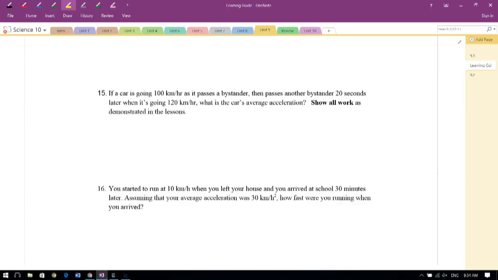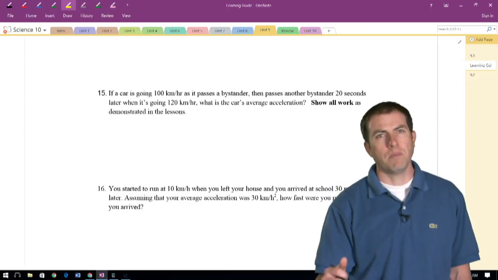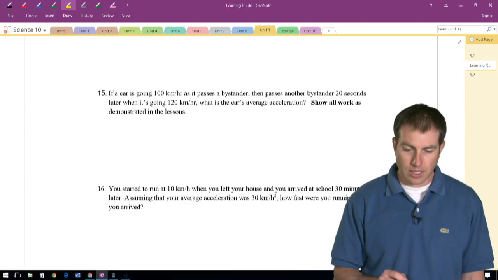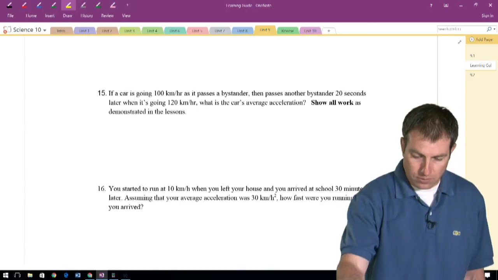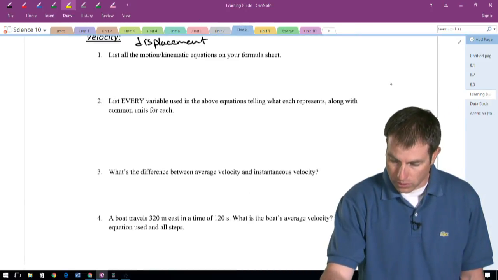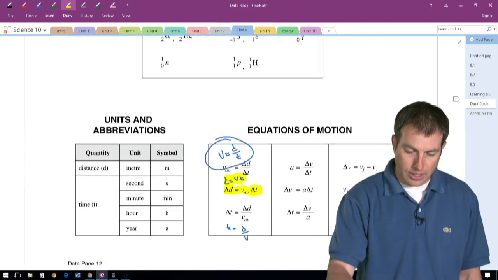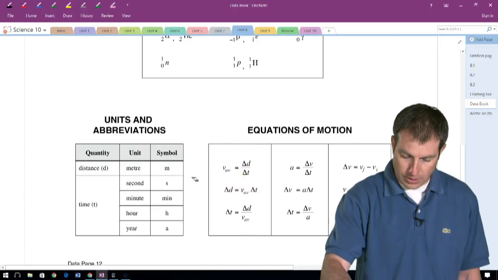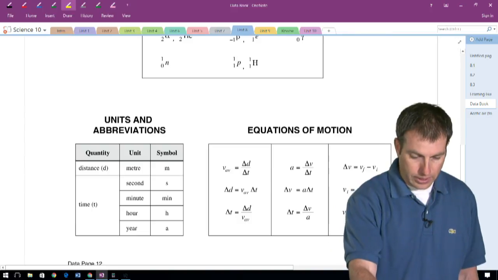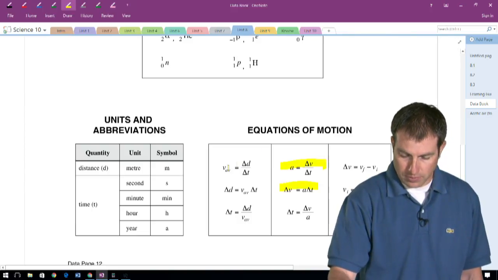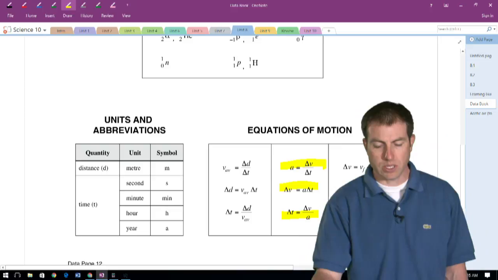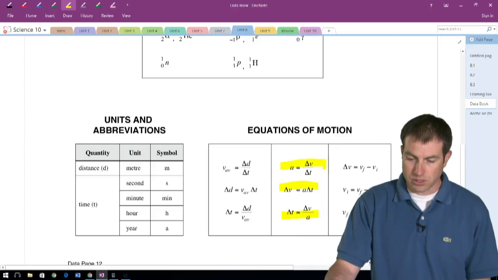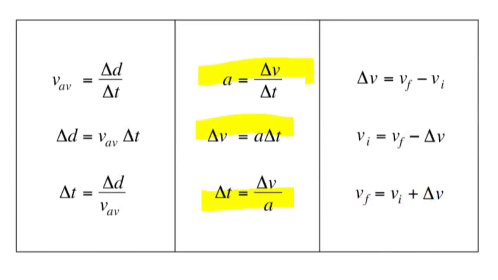All right, so we want to figure out the acceleration, and we know from the formula sheet, jump over to the data book, all the acceleration formulas are in this second and third set. So you have acceleration, change of velocity over time, change of velocity is acceleration times change in time, and change of time is velocity over acceleration. And then you have your 3 change of velocity formulas.